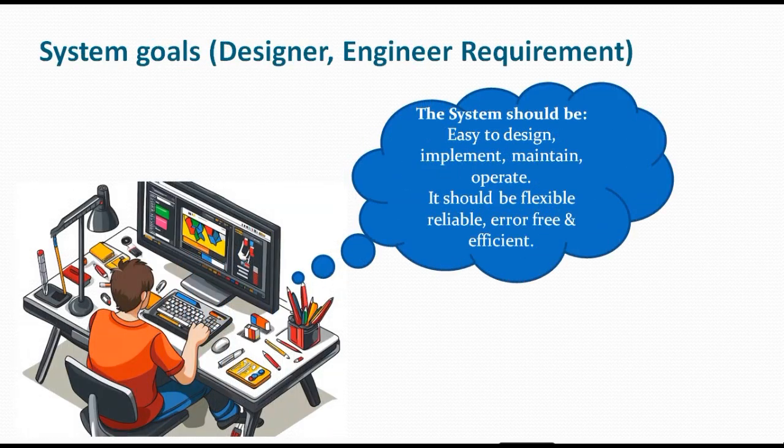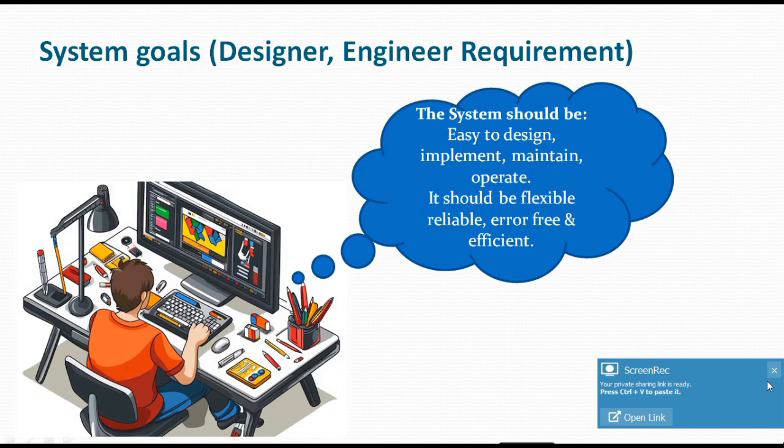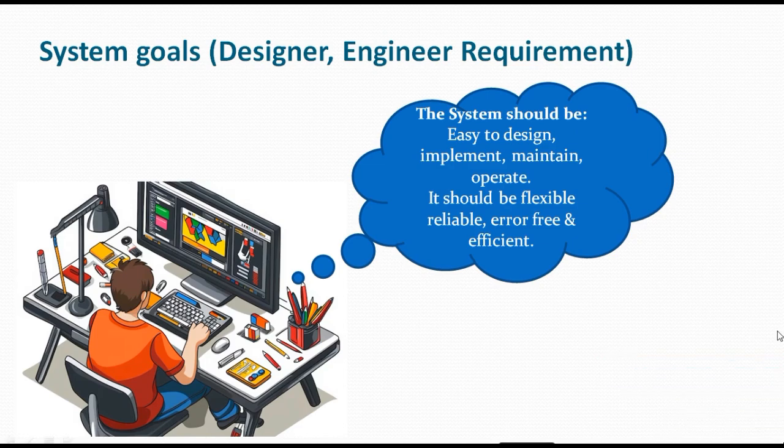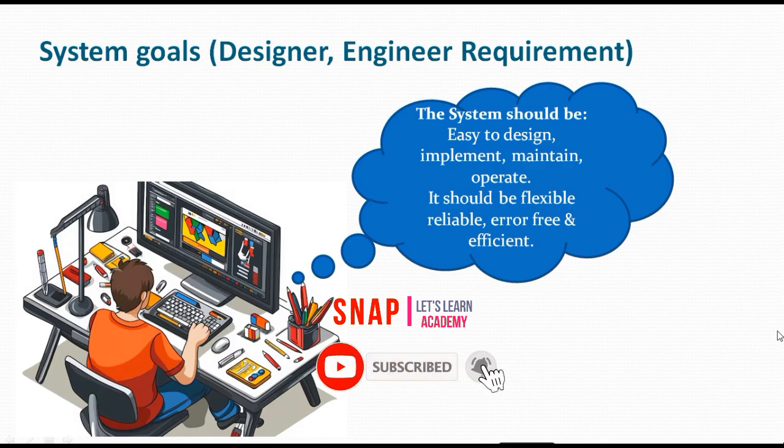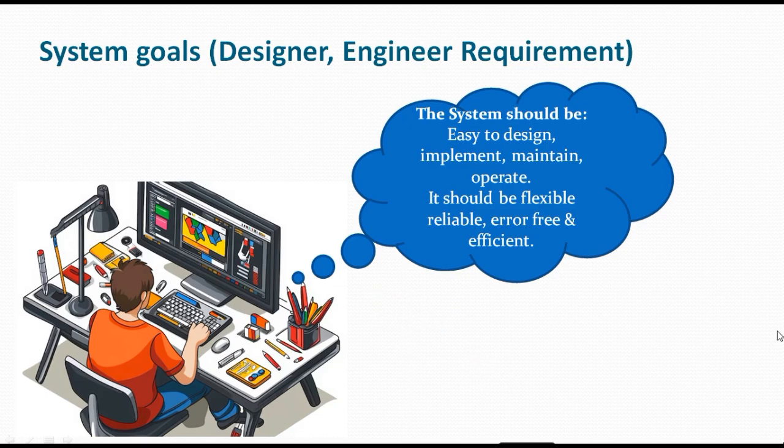Coming to the second one, the system requirement or system goal. From the developer's point of view, the developer always wants the design to be easy to implement and easy to maintain, because reusability is also one of the characteristics of designing and implementing software. Hence, the designer prefers a design that is easy to implement, maintain and operate, and it should be flexible and reliable.